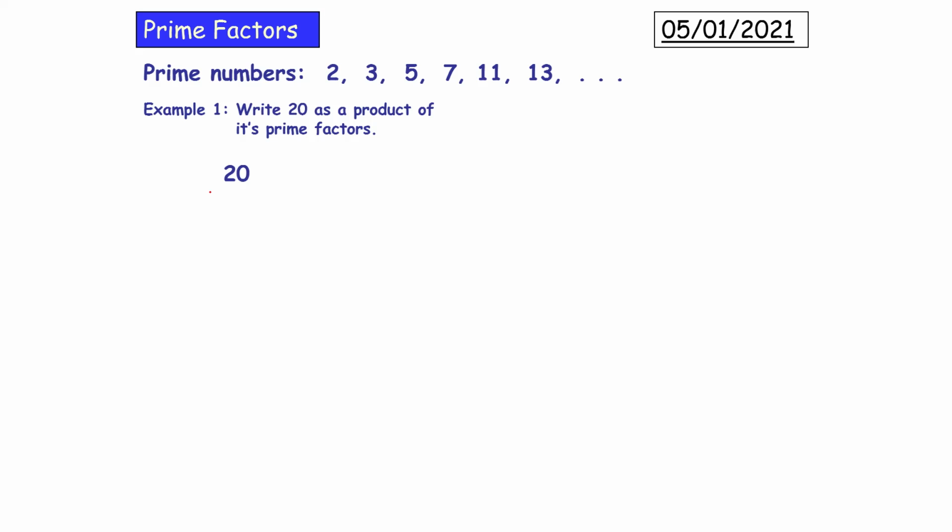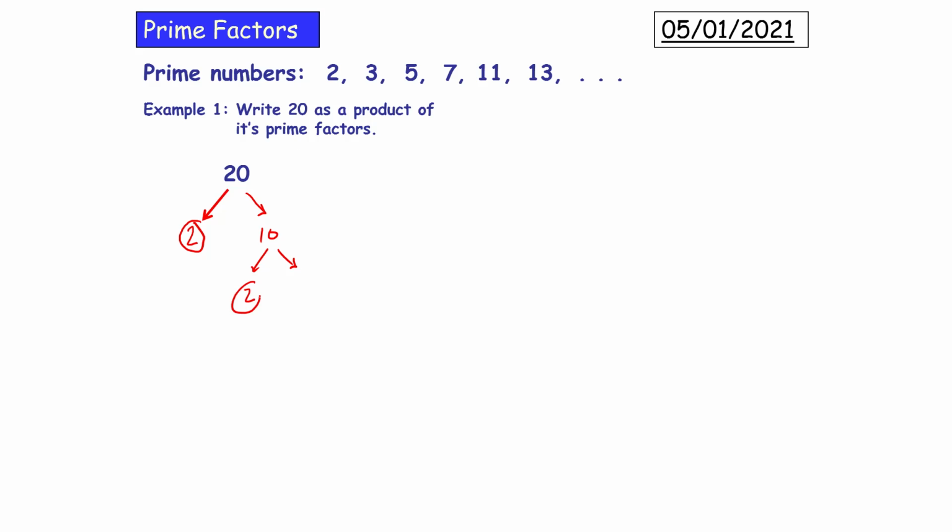And what I need to do is then to check which prime numbers go into 20. So in the first instance, I know 2 goes 2 times 10. Okay, so 2 is a prime number, so I circle the 2 and I leave it alone, and then I go after the 10. So we try again with the 10, and we try with the smallest number, 2.